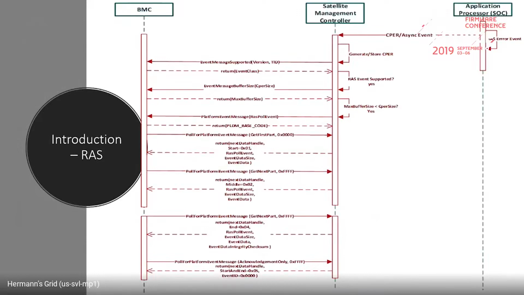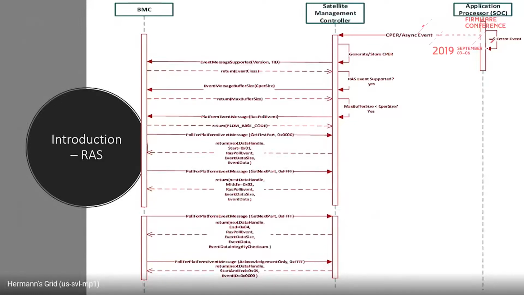This is the RAS poll event, which we plan to propose to the DMTF to add in their PLDM for monitoring and control specification. So when this RAS poll event goes to the BMC, the BMC realizes that it's a multi-part transfer, and it acknowledges the RAS poll event.